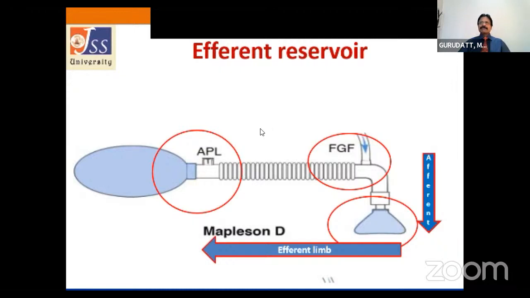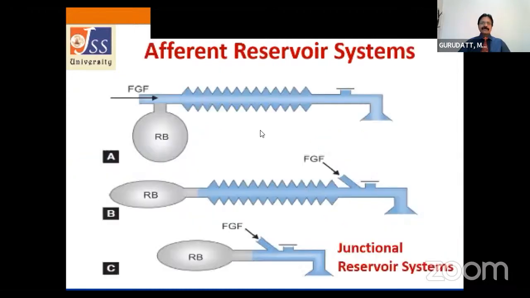So what are the examples for afferent reservoir system? We have Mapleson A, Mapleson B and Mapleson C. Actually, to tell you frankly, Mapleson B and Mapleson C cannot be considered afferent reservoir systems, because you just see here in Mapleson B, the fresh gas flow has been shifted from away from the patient to very close to the patient, just proximal to the expiratory valve. So the afferent limb is also very short, and the efferent limb from the patient to the expiratory valve is also very short.